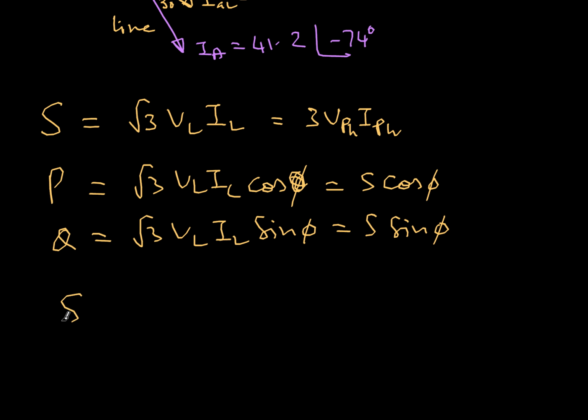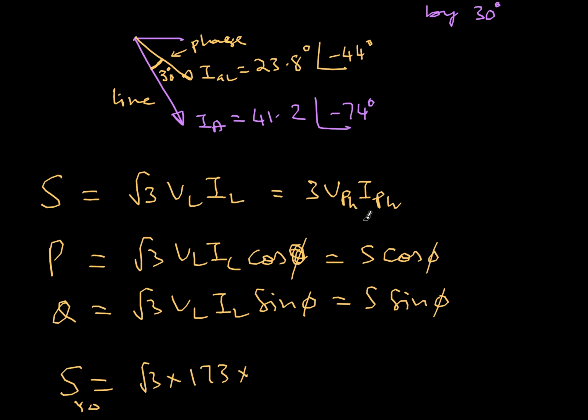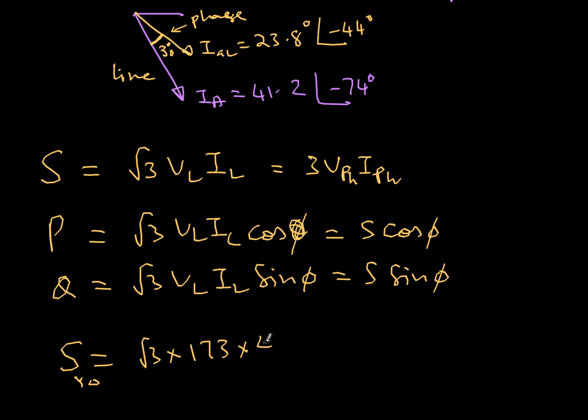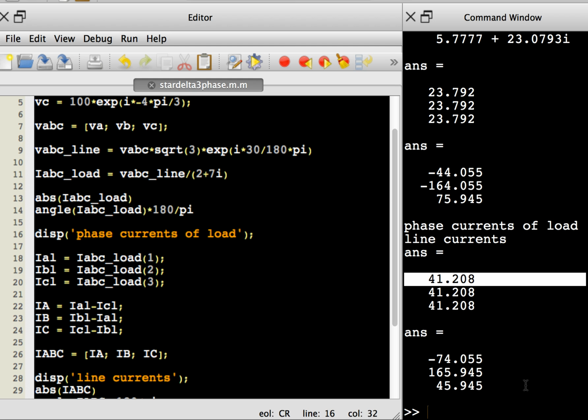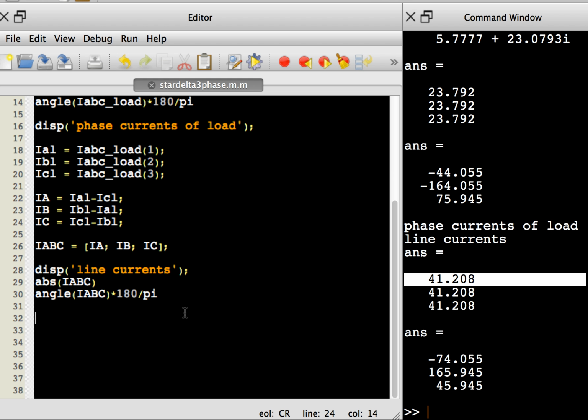So let's find S here. This is a star delta connection. So root 3 into VL is 173, and IL, how much was IL? 41.2. So S equals square root of 3 into 170 into 41.2.